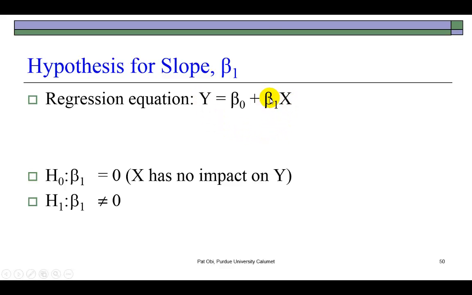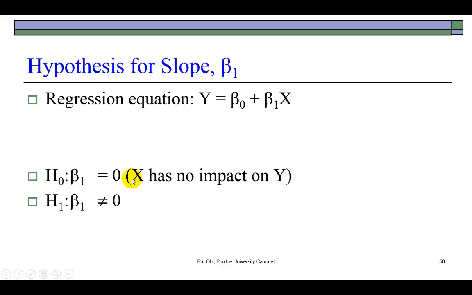So if the slope is 0 or next to nothing, then it means that when x changes, there is no measurable impact on y. So in that respect, the null hypothesis turns out to be exactly the same, that x has no impact on y in the sense that x contributes no information in the prediction of y.